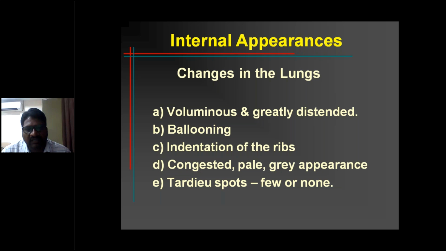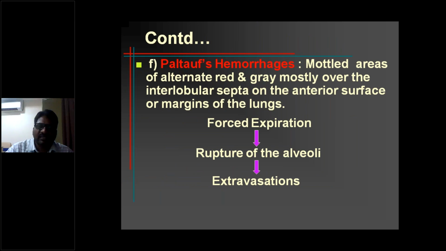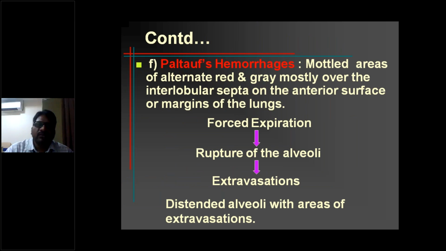The congested lungs have a pale gray appearance. You can observe cardiac spots or none because of the asphyxia. You have to write these things, especially in asphyxial deaths. There is a mottled appearance of alternate red and gray, mostly over the interlobular septa on the anterior surface or margins of the lungs.